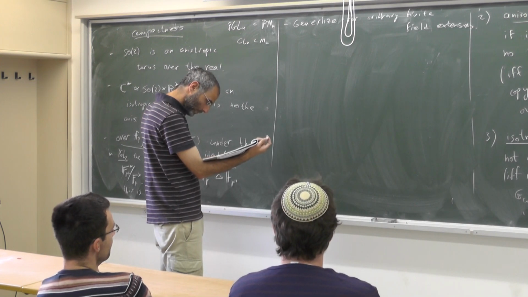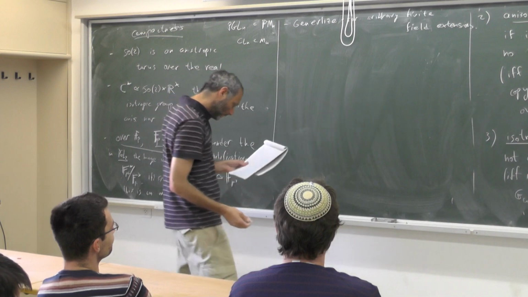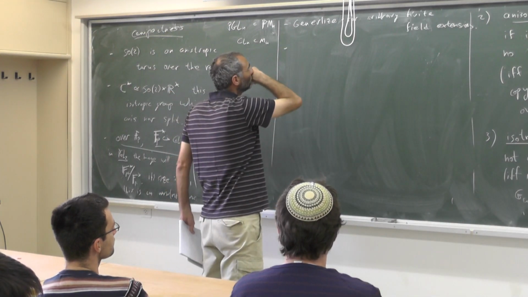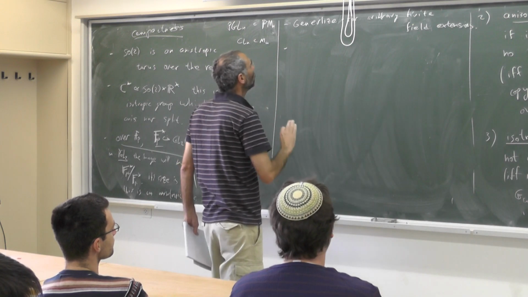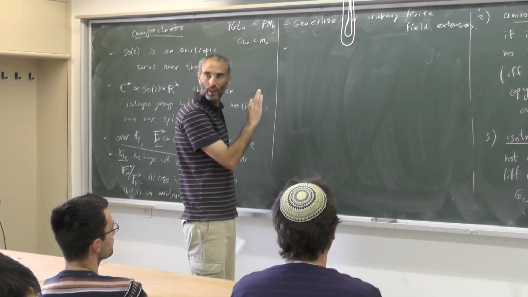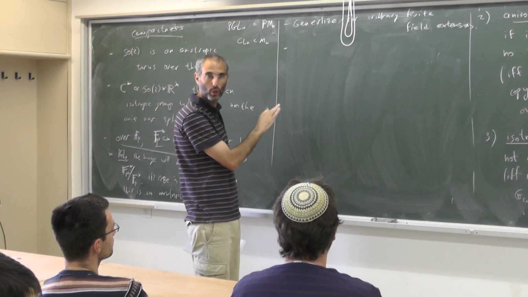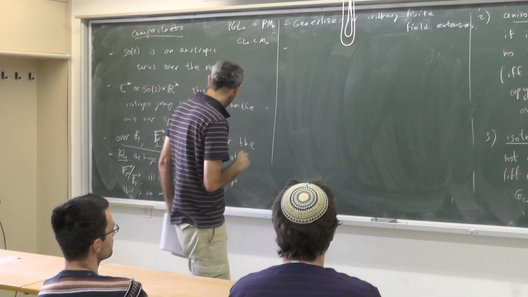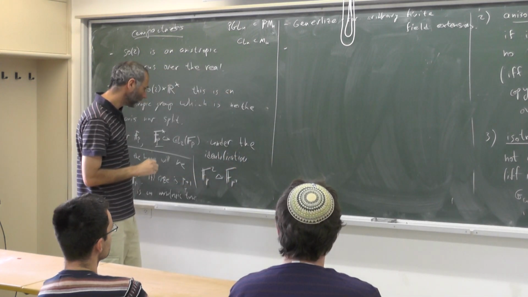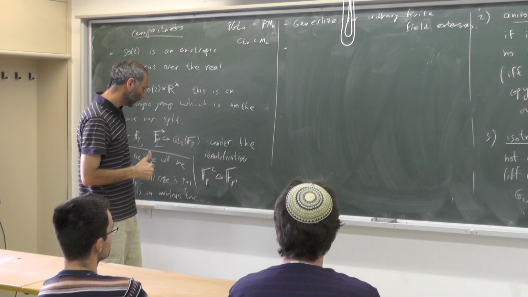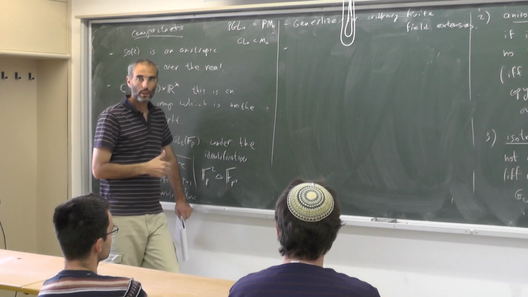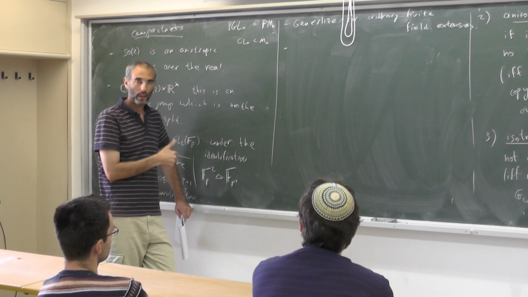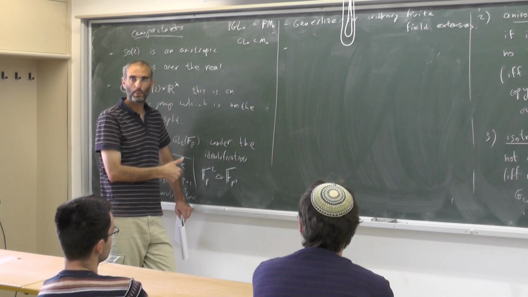I want to say more, again without going into the details, just something for you to think of if you're bored. Something is happening if my field is not perfect, and I have characteristic P, and the field extension degree is the same as the characteristic.